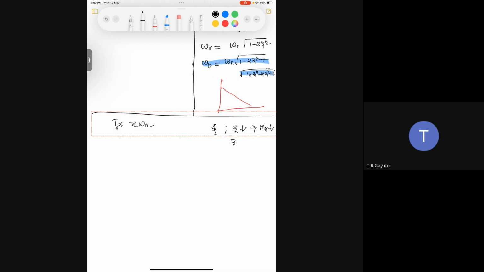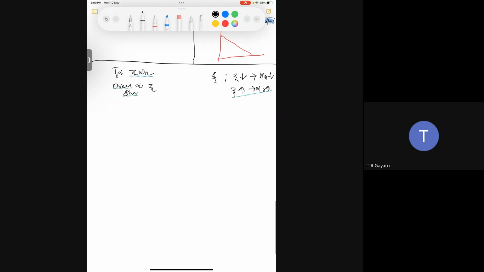It is directly proportional. Overshoot also depends on zeta. Here, resonant peak depends on zeta. That's the difference.